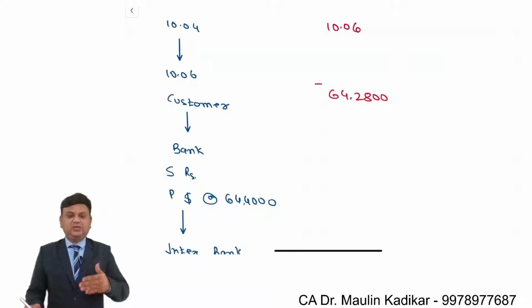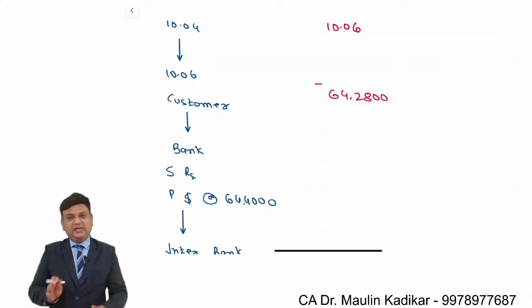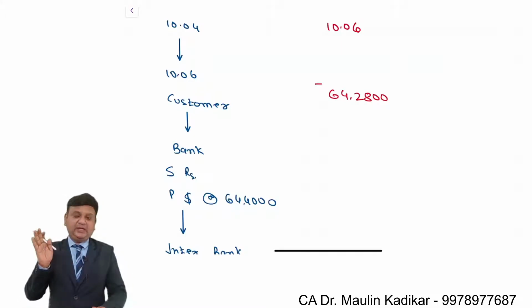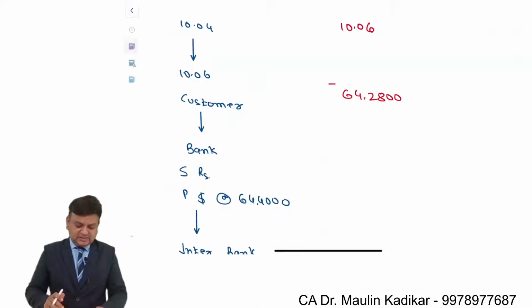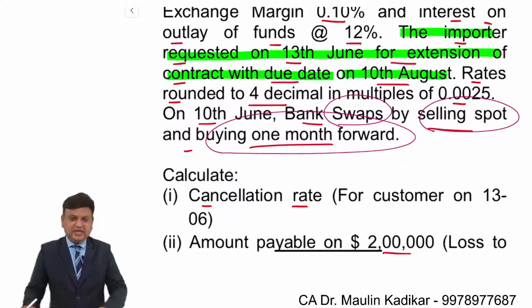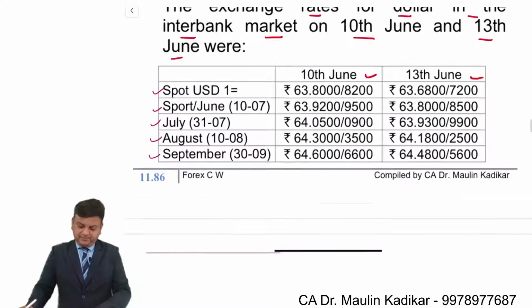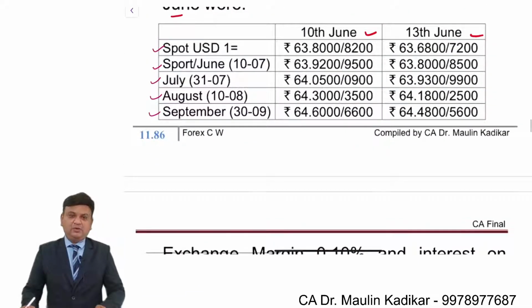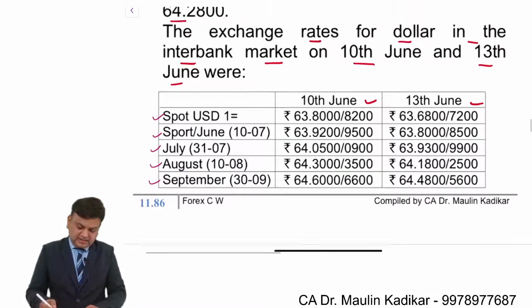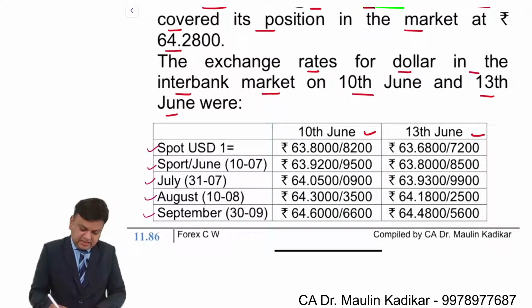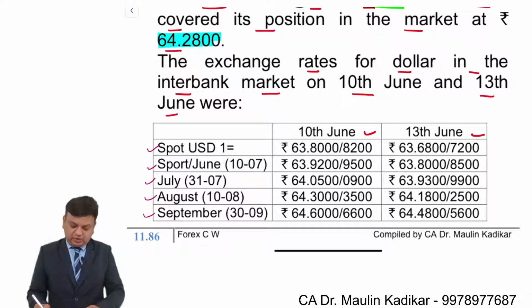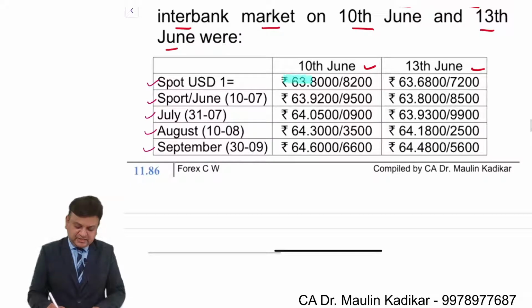We understand that the customer did not come on 10th of June. But I cannot escape myself from the interbank, because in that case there is a huge reputation loss, and at the same time in future nobody will deal with me. So what I will do is purchase United States dollars at the rate at which it was agreed upon, that is 64.28, and those dollars will be sold in the spot market at 63.80.